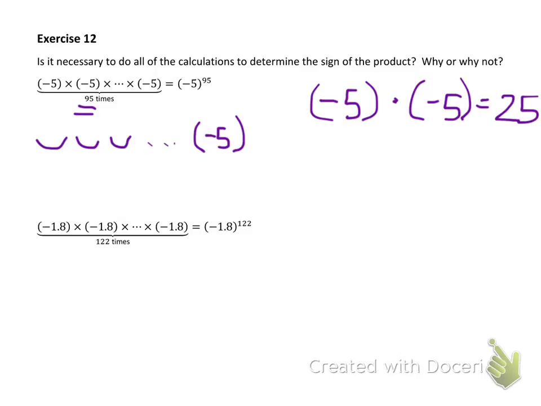Okay, so these will all be +25. So if I take all these positive numbers and multiply them by a negative number, this product's going to be negative. All right, so it was not necessary for me to multiply them all out, but I do know that whatever number it is, it's going to be a negative product.